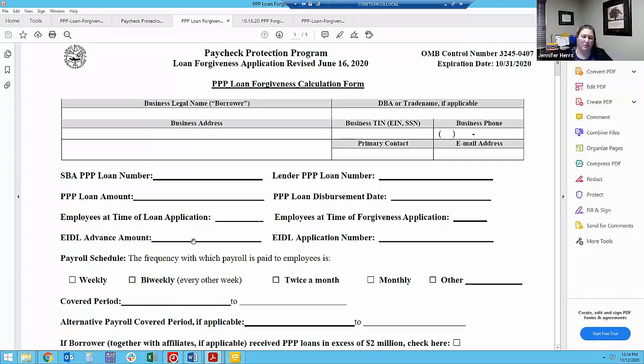Or $1,000 per employee, which is what they changed it to. I just wanted to point that out from personal experience, which we just found out this week.